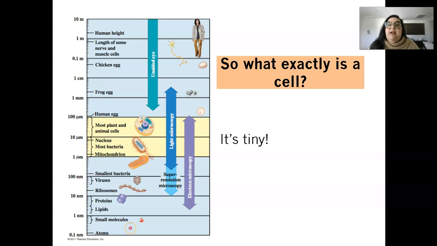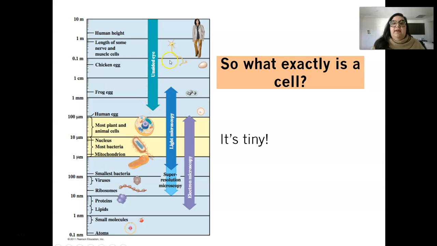And that's a eukaryotic cell. We will talk a little bit about bacteria in this class, which are prokaryotic cells, which are even smaller, about 10 micrometers. And some cells can be quite large.